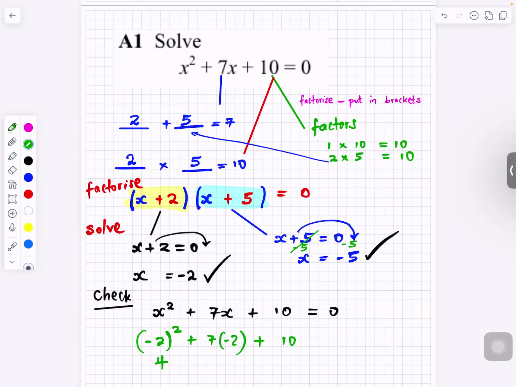Minus 2 squared is 4. 7 times minus 2 is minus 14 plus 10. So 4 minus 14 is minus 10 plus 10. Minus 10 plus 10 is the same as 10 minus 10, which is 0. So that means it's correct. That's how you can check if your answer is correct.